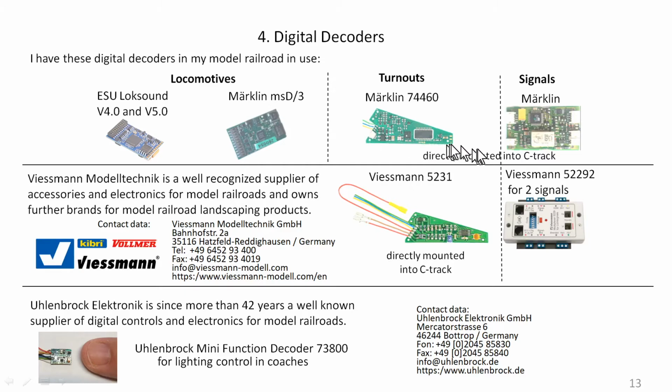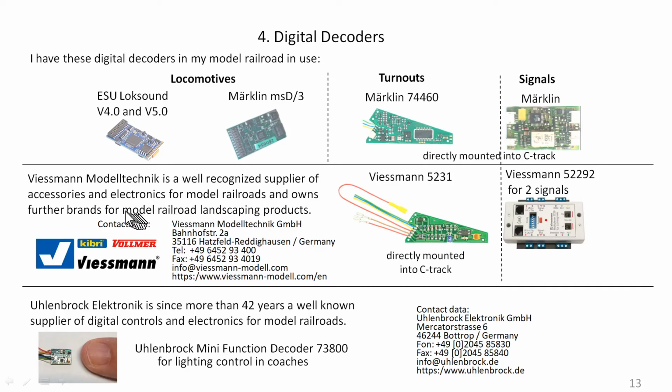That's the so-called Motorola protocol, and these decoders you can directly mount underneath the C-track, as well as you could do with a signal decoder from Märklin, whereas Viessmann has decoders which you have to mount separately, but these are just for two signals.